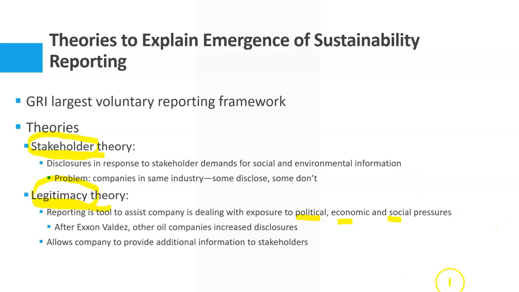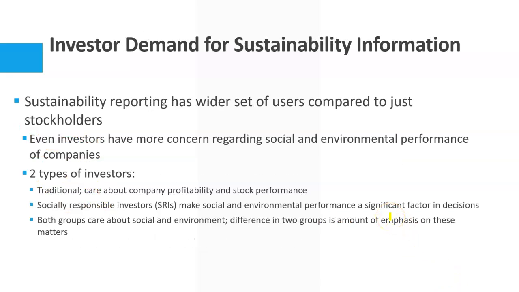So next, when we look at what is the demand of the investor for sustainability information, because we said just now, if we look at the stakeholder theory, the company provides the information because of the pressure by the stakeholders.